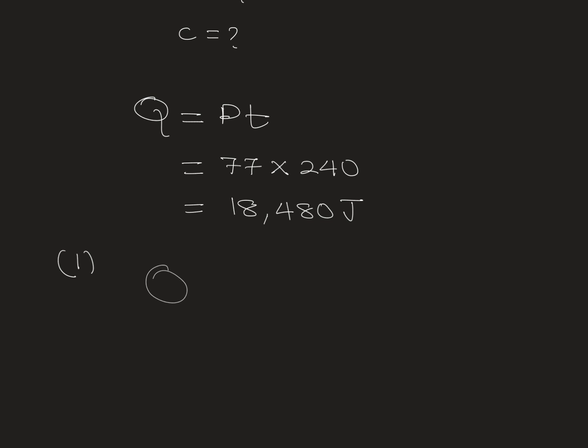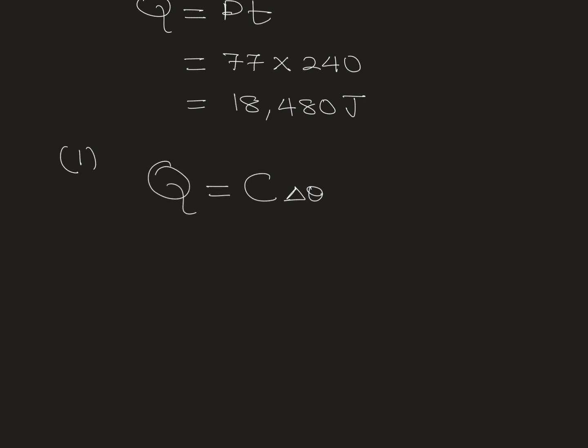We know that the quantity of heat is equal to the heat capacity multiplied by the change in temperature, delta theta. So we can say the quantity of heat is equal to the heat capacity multiplied by theta 2 minus theta 1.